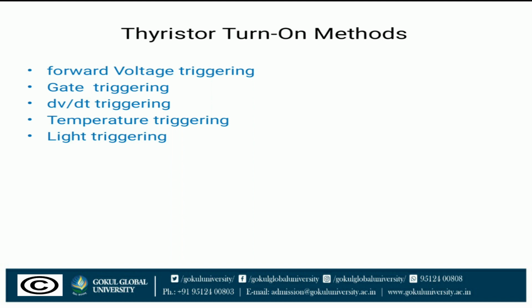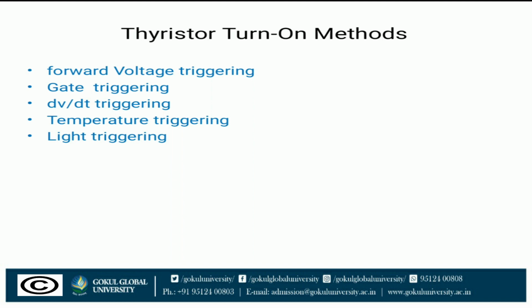The charging current Ic is therefore given by Ic equals dq by dt, and we know that q equals Cj into Va, so Ic equals Cj dVa by dt plus Va into dCj by dt. As the junction capacitance is almost constant, dCj by dt is 0 and current Ic equals Cj dVa by dt.